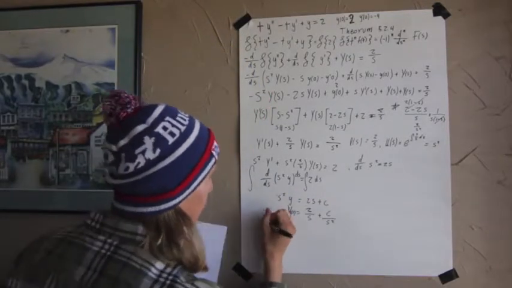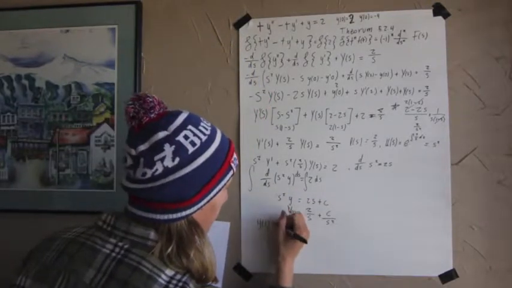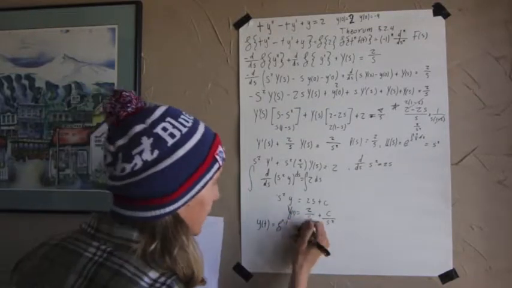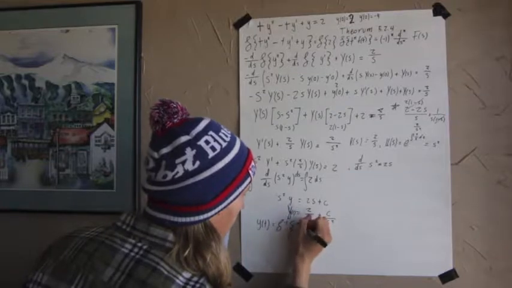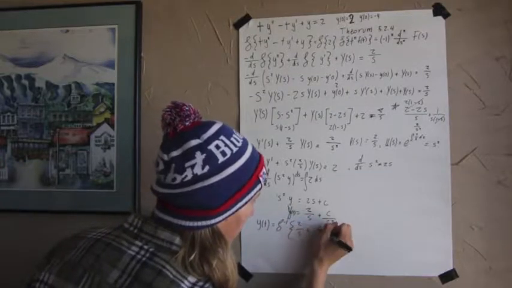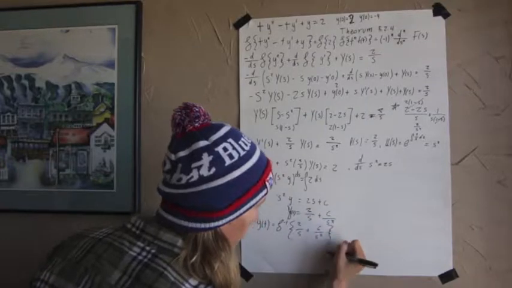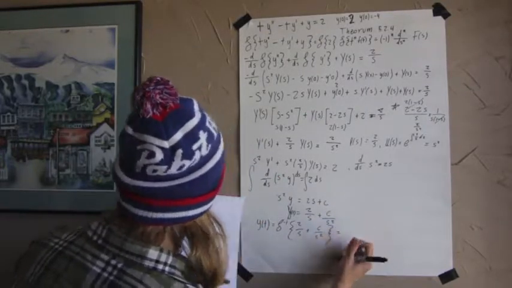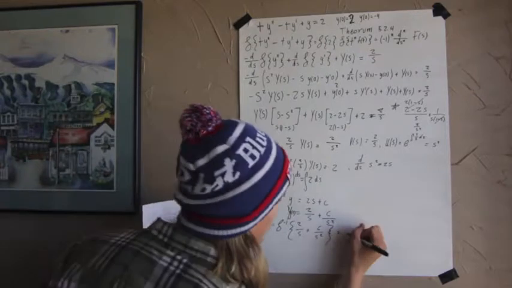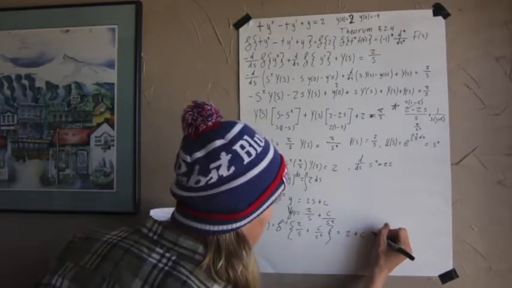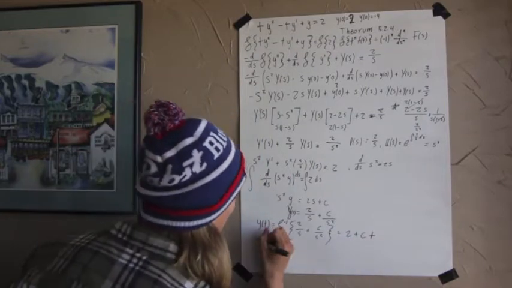So to get y of t, we need to take the inverse Laplace of this. These are all basic terms. We're just going to have 2 plus C times t. That's good.